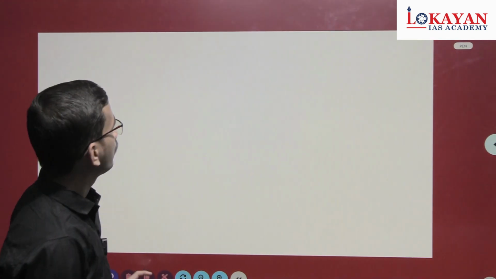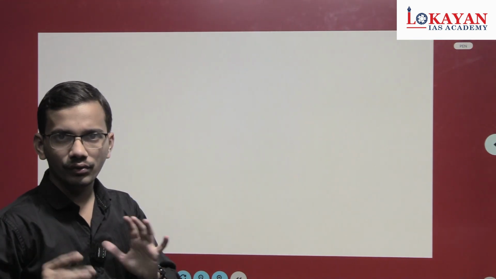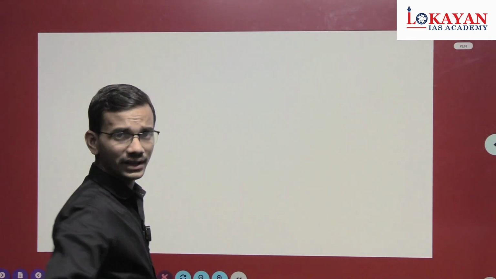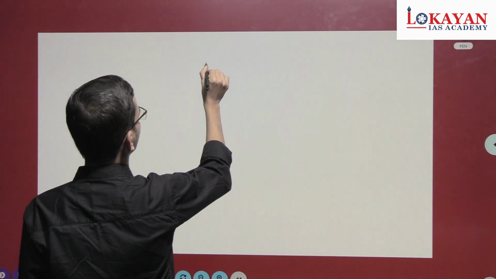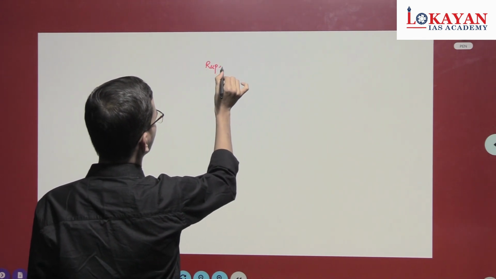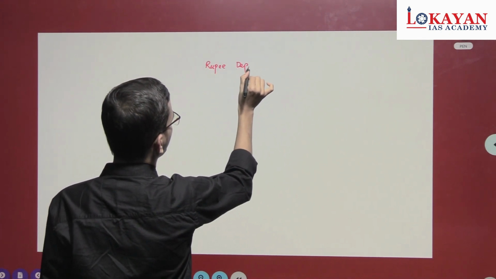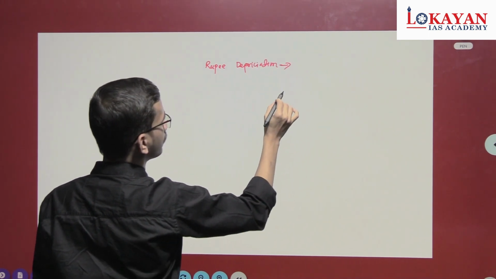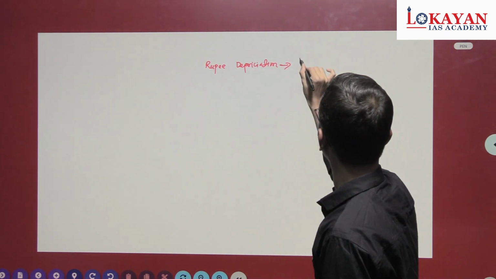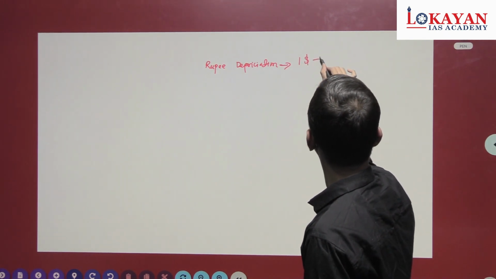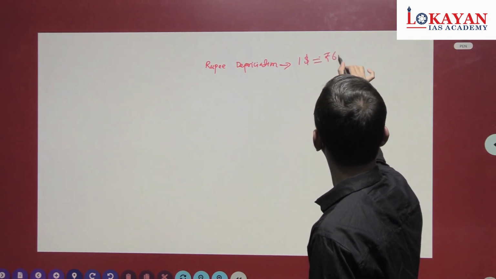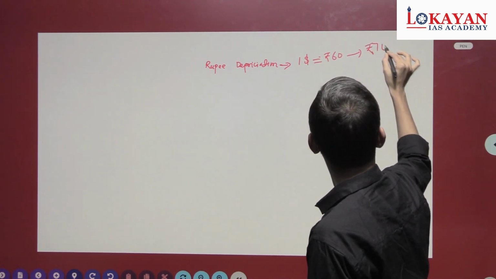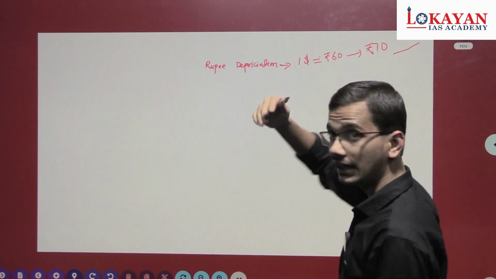So, what is the scenario during rupee depreciation? Let's discuss that. Sliding up, there is slide in rupee. Rupee depreciation. $1 earlier used to be 60 rupees. Say now is 70 and depreciating further.